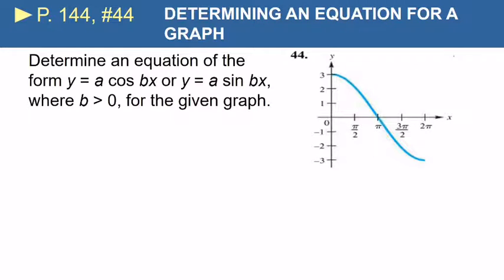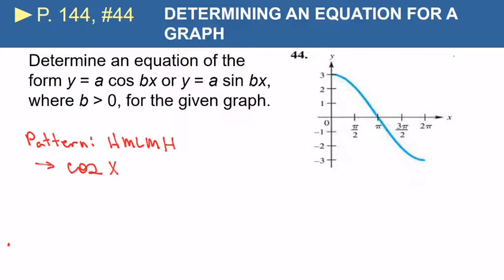Okay, in this example we're asked to find the function that this graph came from in the form either a cosine bx or a sine bx with a positive b. So the first thing I want to do is identify the pattern. I can see that it's high, middle, low, and we don't get to see the rest of the pattern, but we can assume that it's high, middle, low, middle, high.